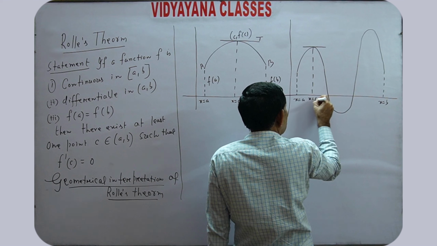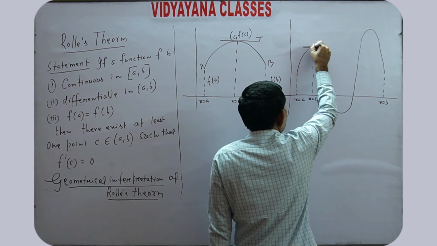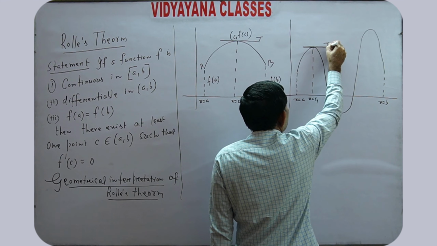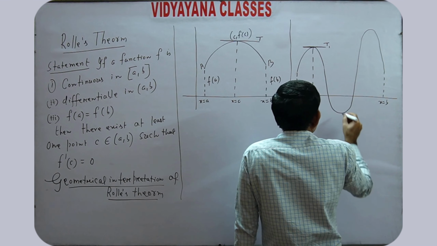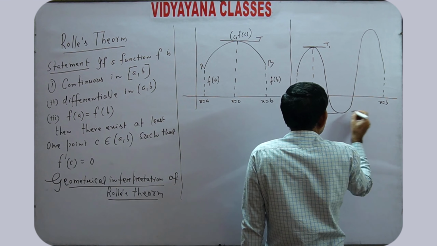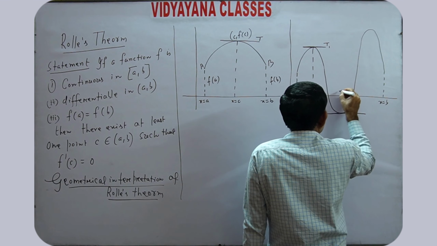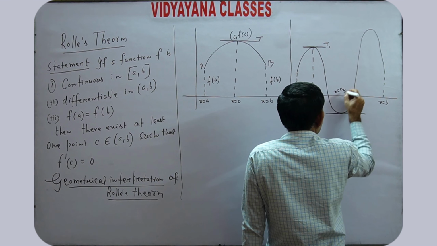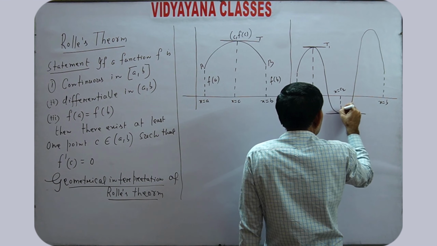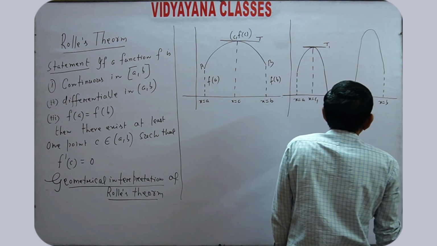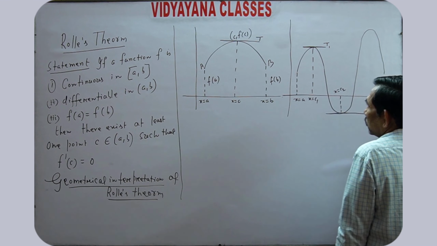At x equal to c1, the tangent is parallel to x-axis, tangent 1. X equal to c2, the tangent is parallel to x-axis.